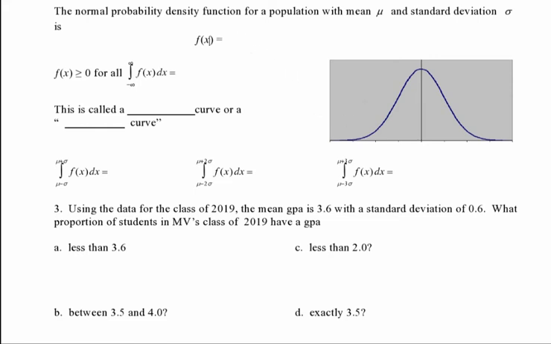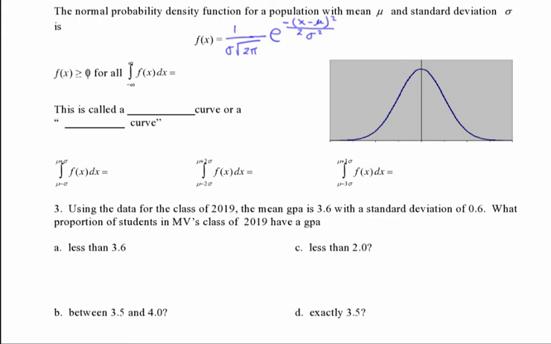So f of x, our normal probability density function for a population with mean mu and standard deviation of sigma, is 1 divided by sigma, that's just a lowercase s in Greek, times e to the negative quantity x minus the mean, mu, squared, divided by 2 times the standard deviation squared.